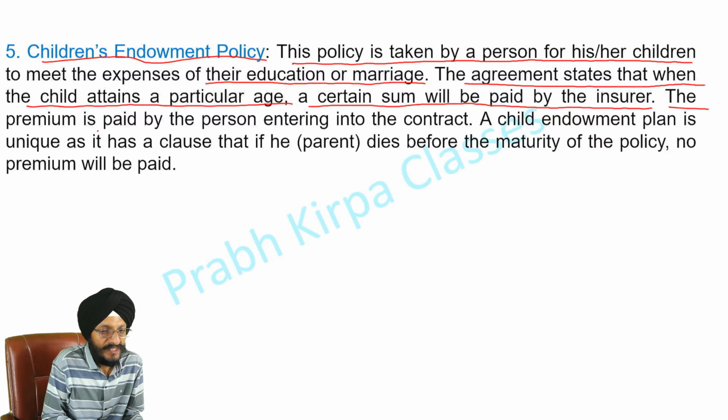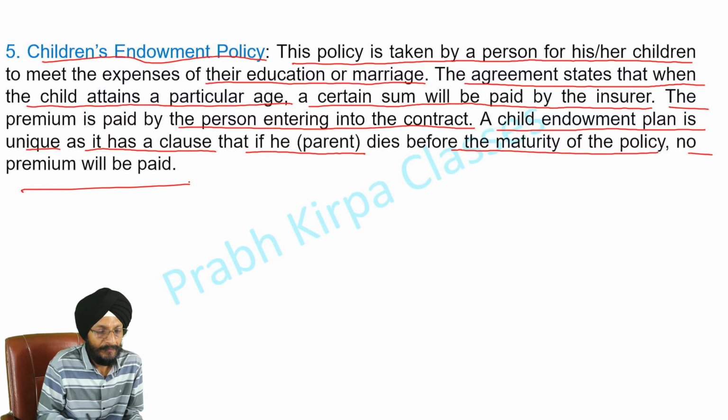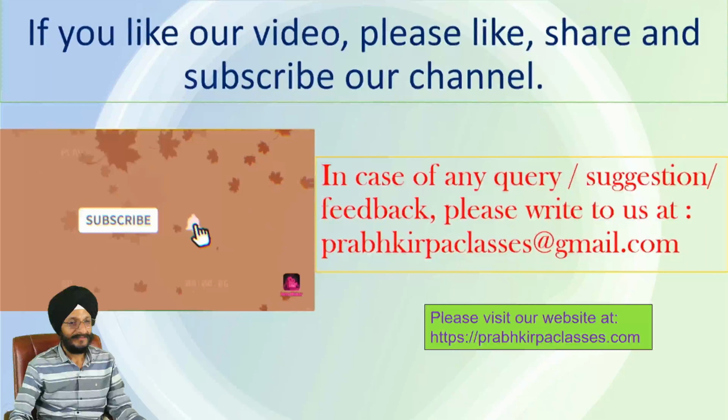The premium is paid by the person entering into the contract. A child endowment policy plan is unique as it has a clause that if the parent dies before the maturity of the policy, no premium will be paid.